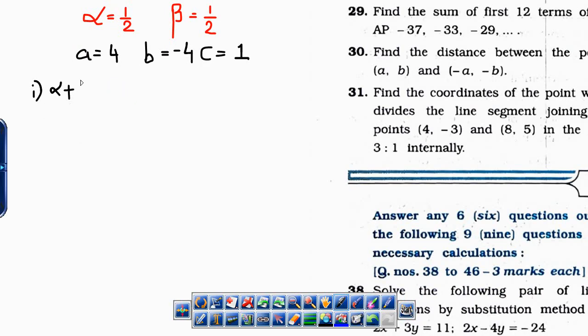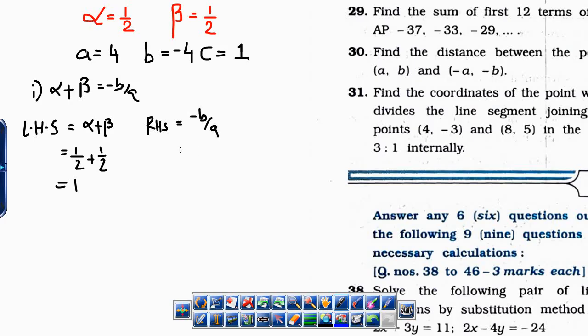First relationship is alpha plus beta is equal to minus b by a. लिखना भी ज़रूरी है. LHS is alpha plus beta, which is half plus half. Half plus half is 1. RHS is minus b by a, minus minus 4 by 4, that is 4 by 4, that is 1. Therefore LHS equal to RHS, hence verified.